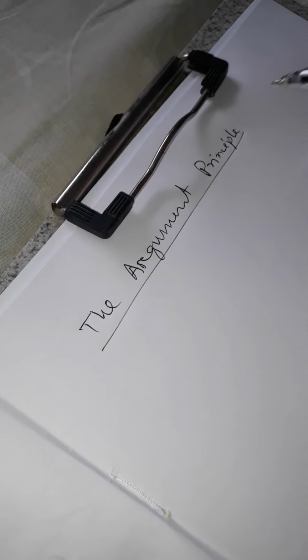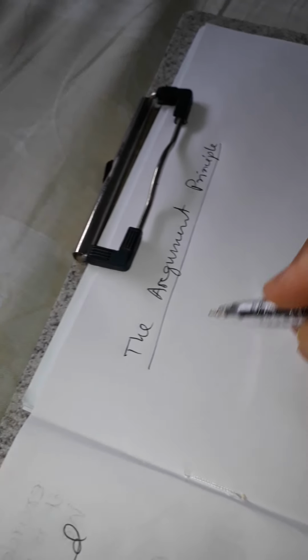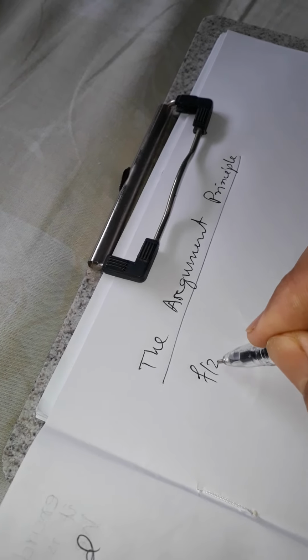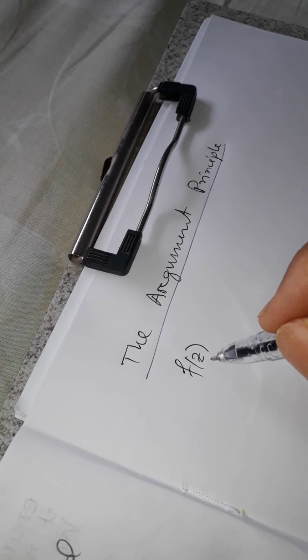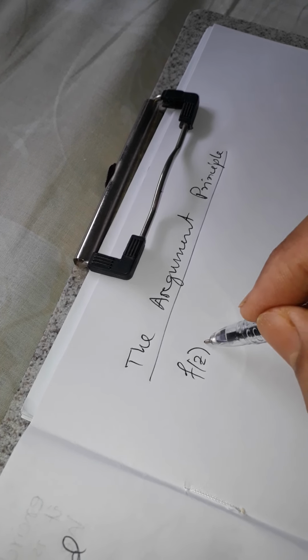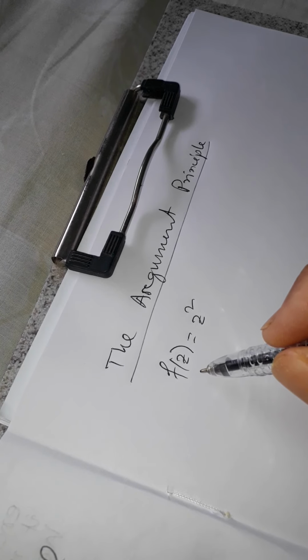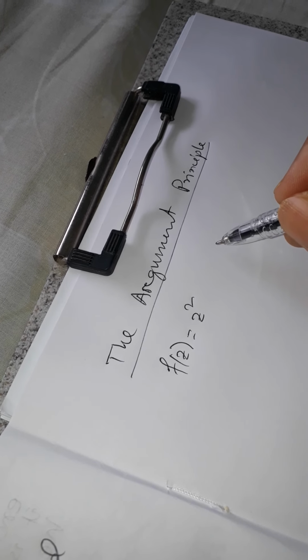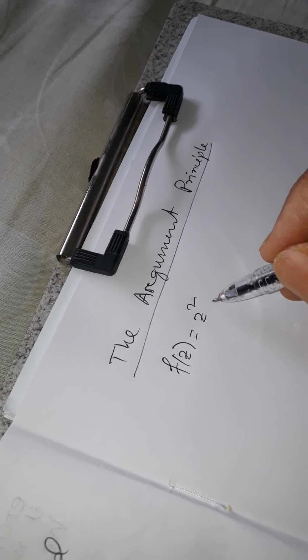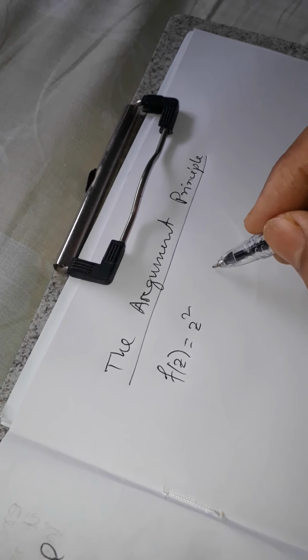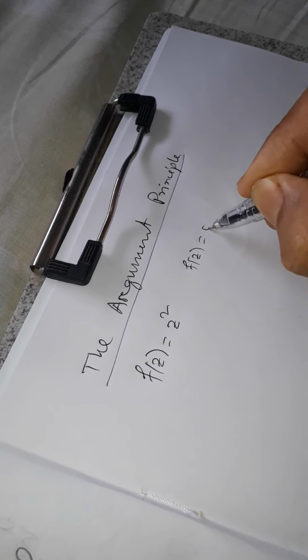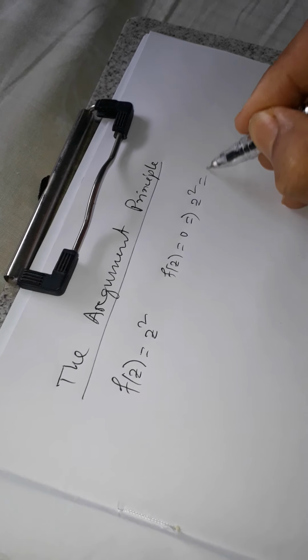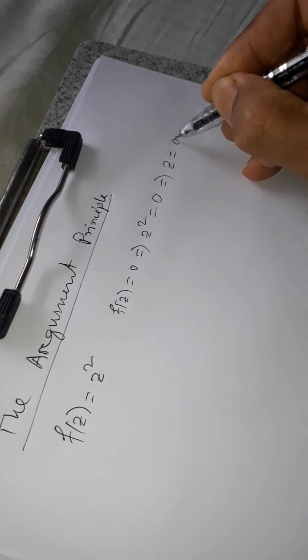Before I state the theorem, just recall that if f(z) is a complex valued function, say for example f(z) equal to z squared, we know that f(z) equals 0 for z equal to 0. How many times does that 0 appear? What are the roots of f(z) equal to 0? This implies that z squared equal to 0, so z equal to 0 and 0.